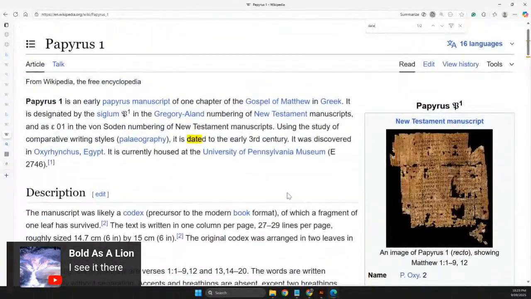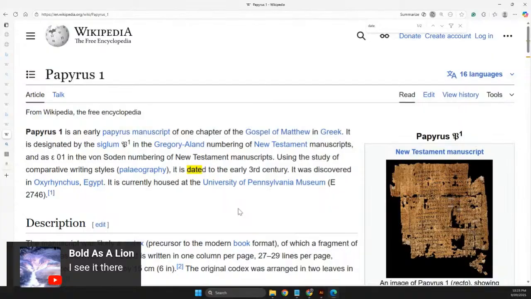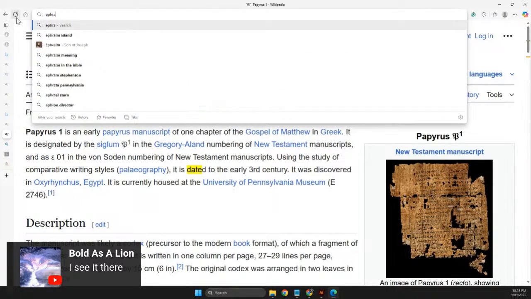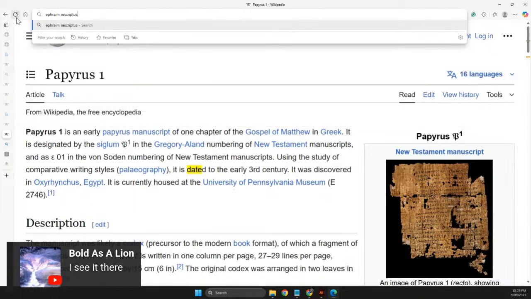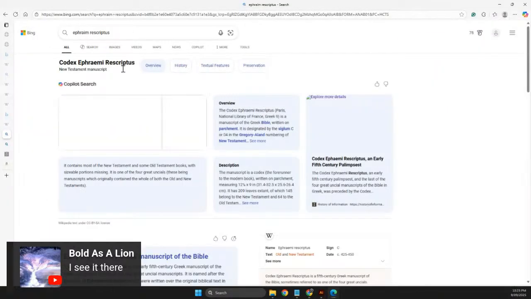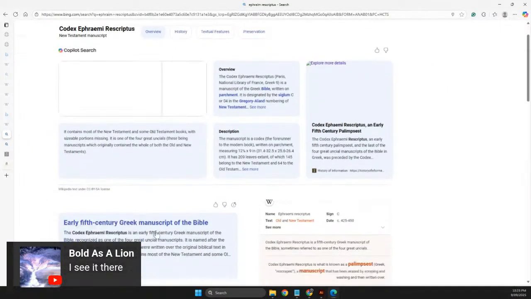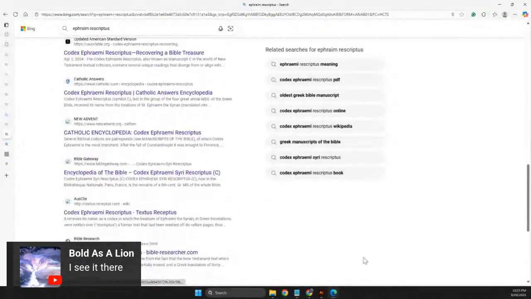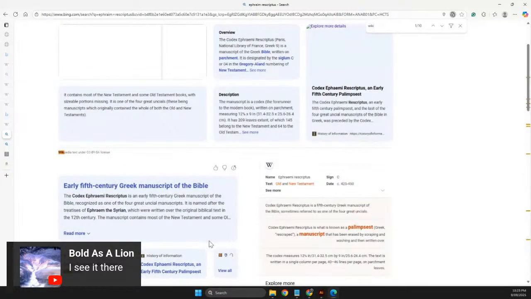And Ephraemi Rescriptus, I'm not sure how old that is, or even how to spell that. I better search for it. Ephraemi Rescriptus. I just want to go to Wikipedia.